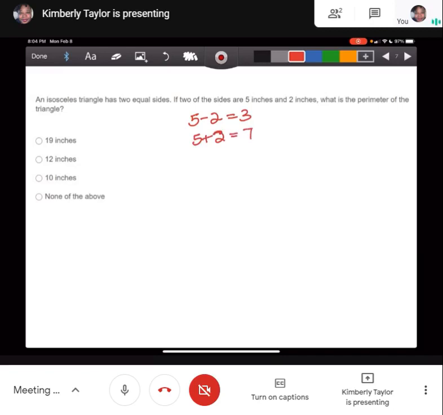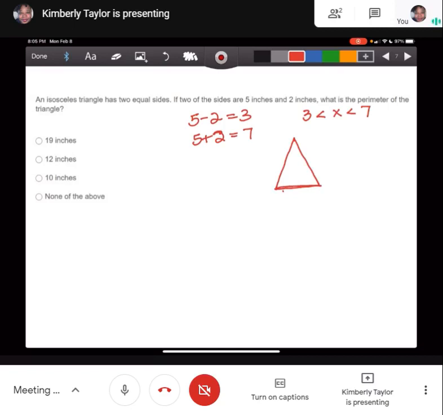So the other side is going to be between 3 and 7. But because it's an isosceles triangle, and this is what an isosceles triangle looks like, two of the sides have to be the same.